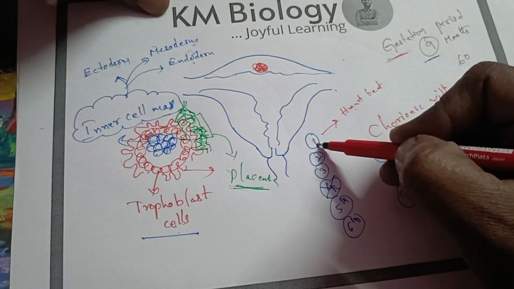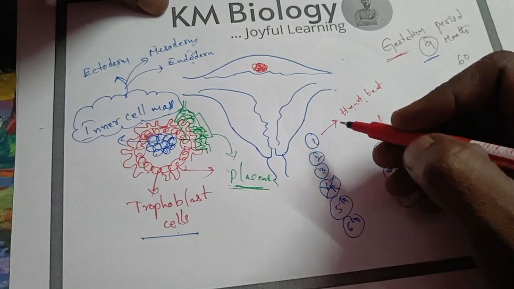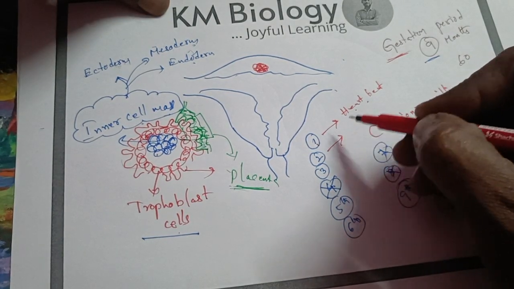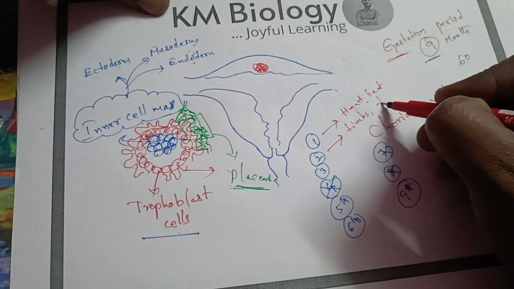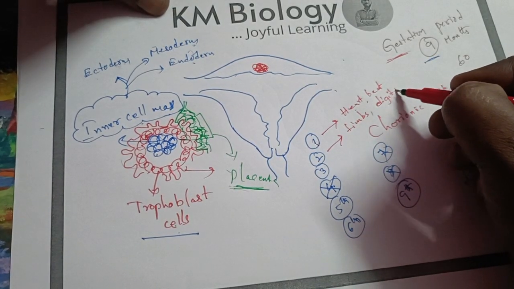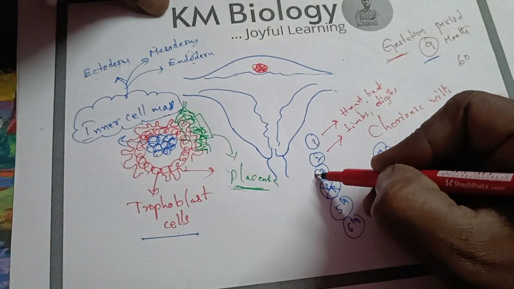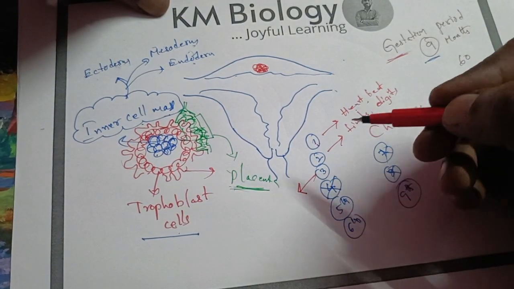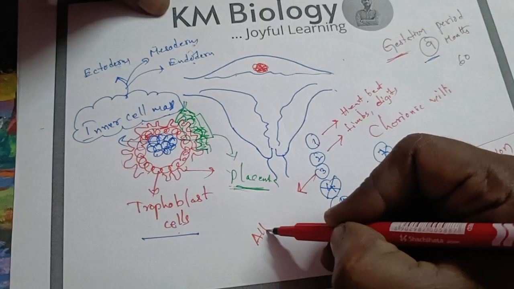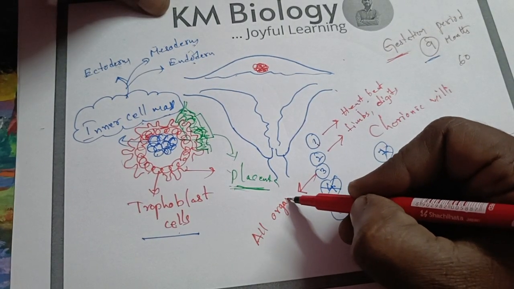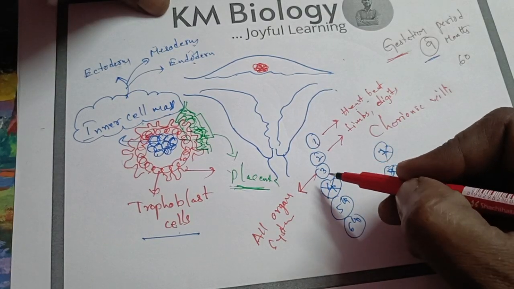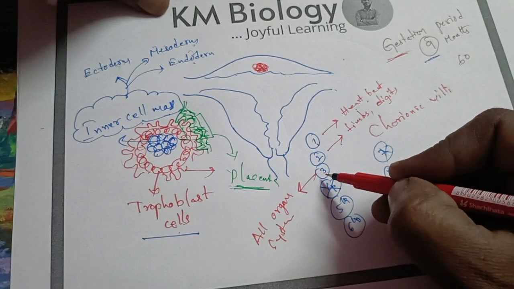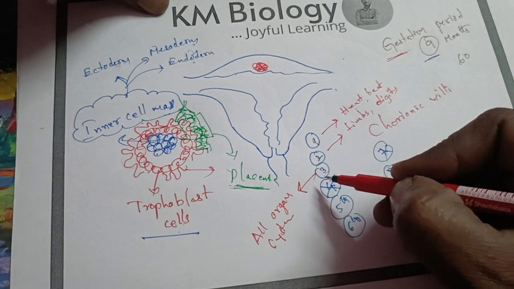By the end of the first month, you can listen to the heartbeat. By the end of the second month, you can see the formation of limbs and digits. Digits means fingers. And by the end of the third month, we can see all organ systems are developed, even external genitalia are well developed.